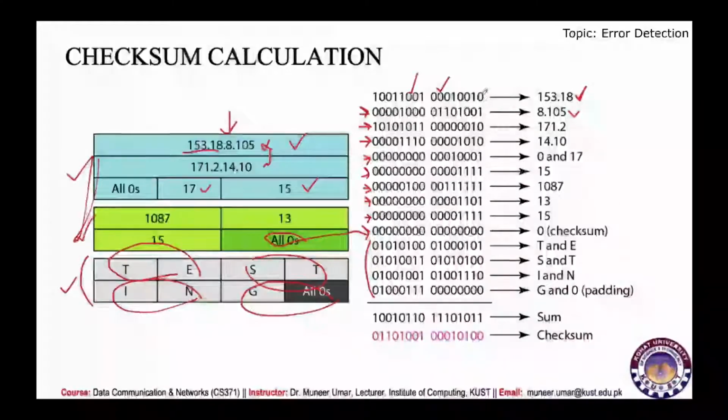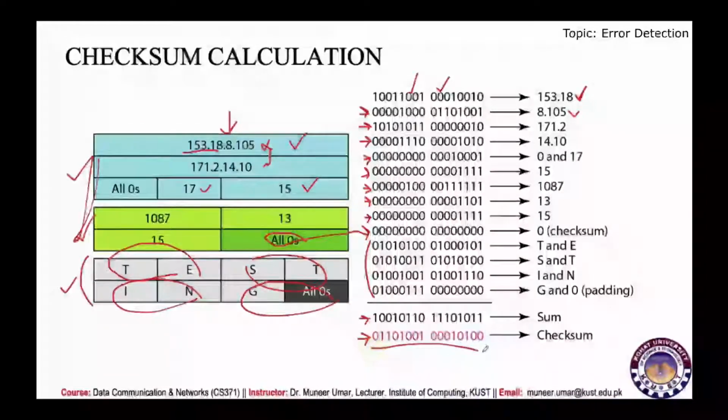So if we calculate the binary sum of all these blocks of 16 bits each, we will get this sum. And if we take the 1's complement of this sum, we will get this checksum. So at the sending side, all these bits are sent along with this checksum, and on the receiving side, all these bits and this checksum are added using binary sum.